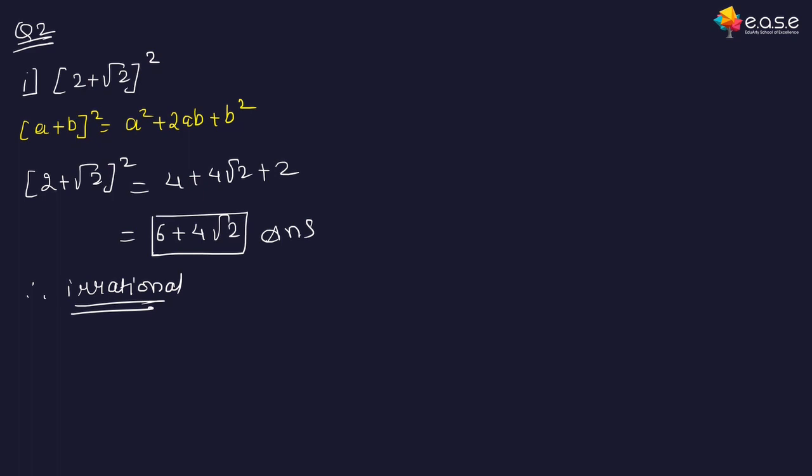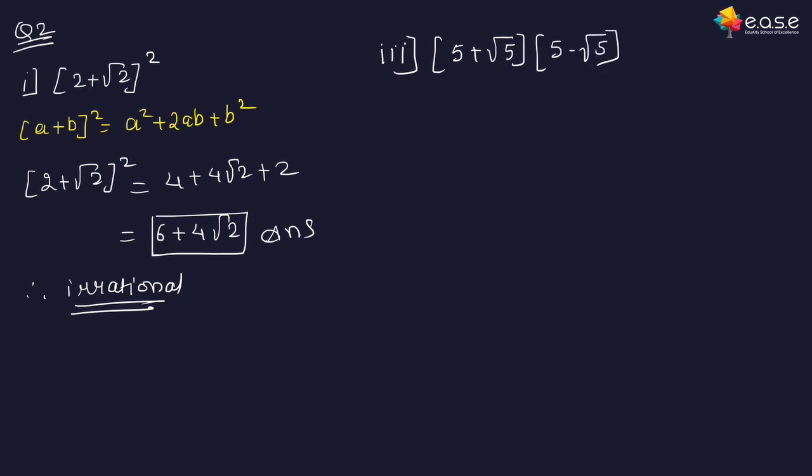Okay, now let's see. I think I'm going to do the third one, because the second one and all the others you can do as homework. That's just very similar, it has a negative sign in between. The third question is 5 plus root 5 into bracket 5 minus root 5.